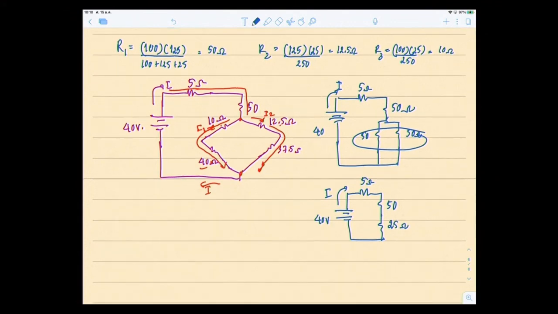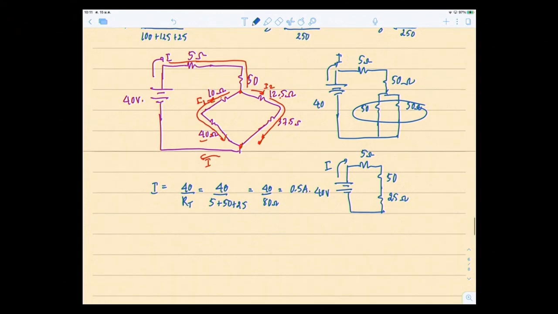It's still the current passing through the 40 volt source. So you realize now that you have all the elements connected in series. Therefore, I is equal to 40 over R total. R total is, of course, 5 in series with 50, in series with 25, so 80 ohms. So 40 divided by 80 ohms equals 0.5 amps. That's 0.5 amps leaving the 40 volt source.